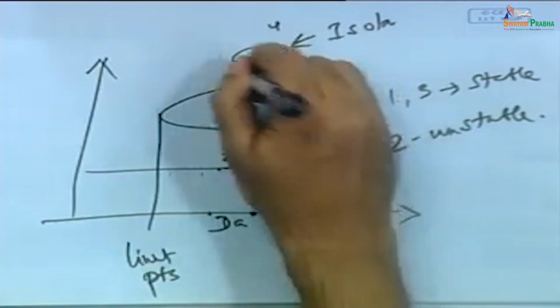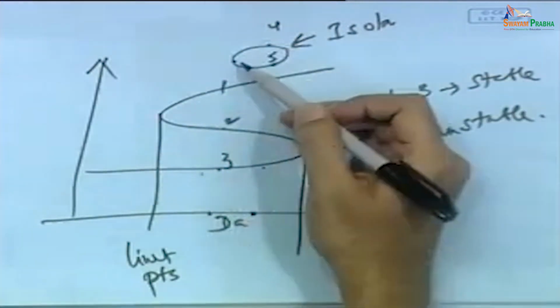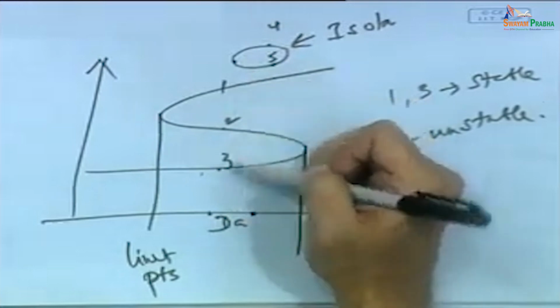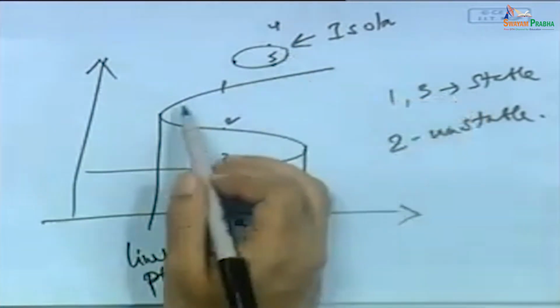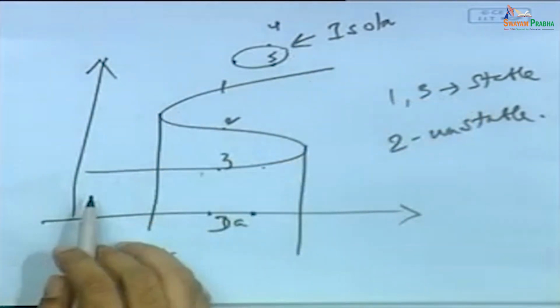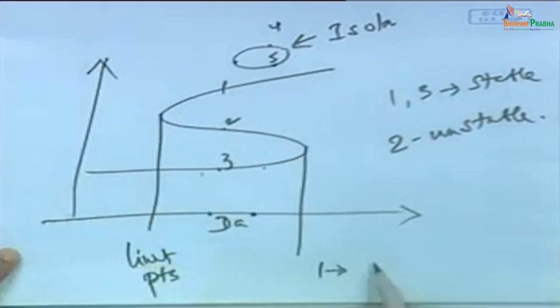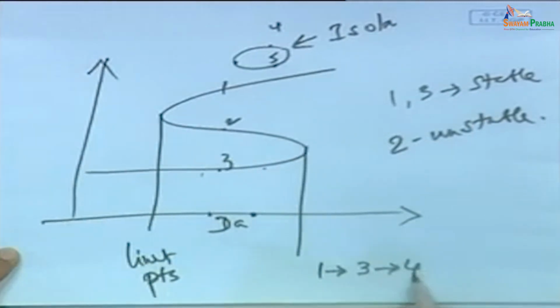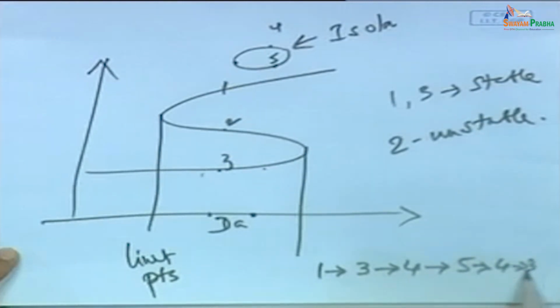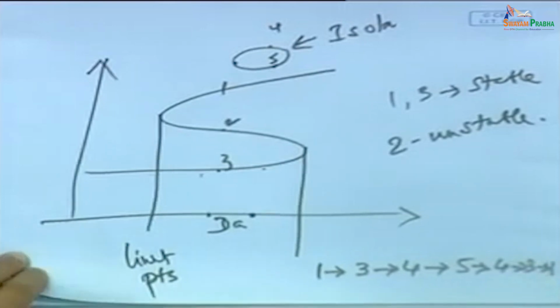At this point, for example, you have 4, the one for the tangent to the isola, and here again 4, and then here again 3 and then 1. So you go from 1 solution to 3 solutions to 4 solutions to 5 solutions to 4 solutions to 3 solutions to 1 solution. That's how we proceed.